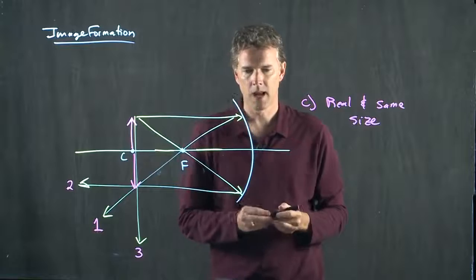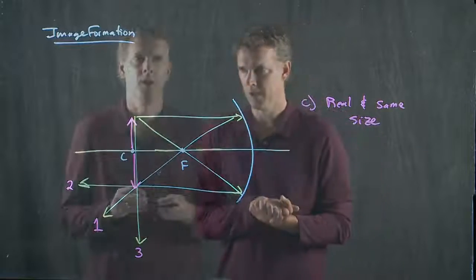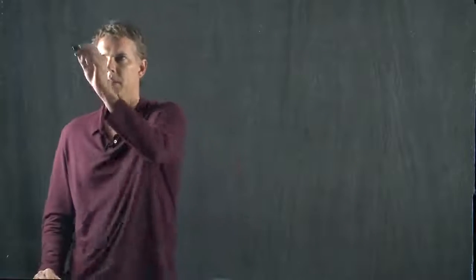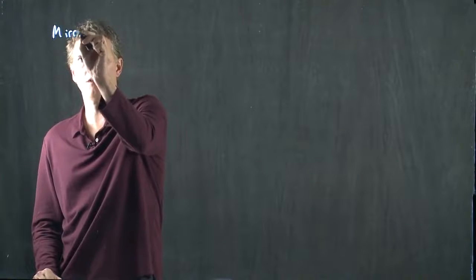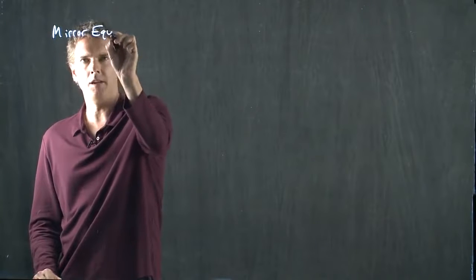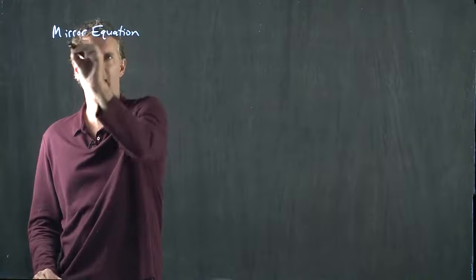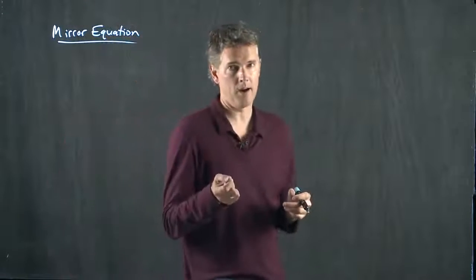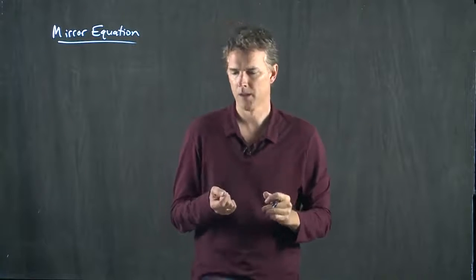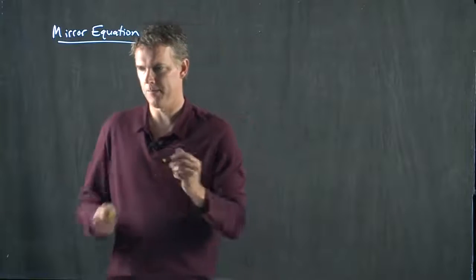Okay, excellent, excellent question. Okay, let's talk about something called the mirror equation. And this is the mathematical tool for figuring out exactly where that image is going to lie. So let's draw our picture again.